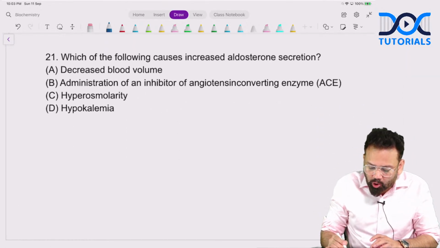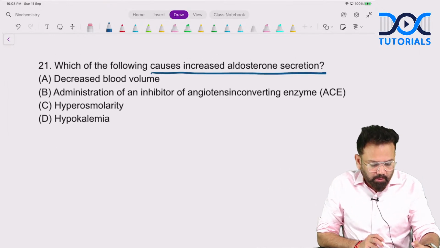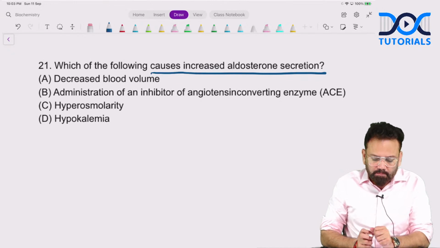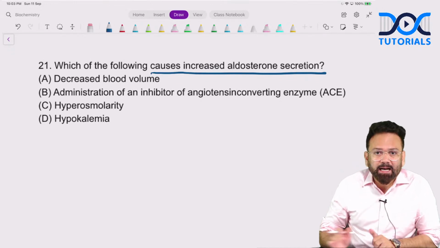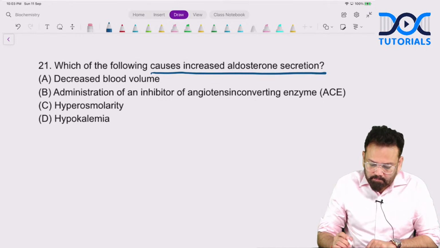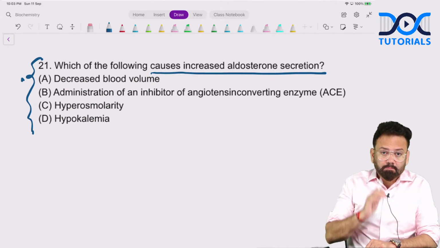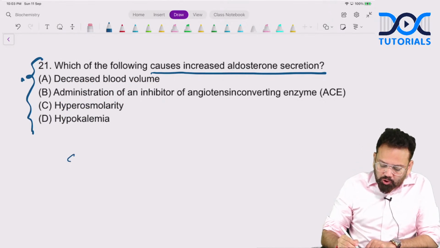Which of the following causes increased aldosterone secretion? I have told you, what are the stimuli of aldosterone?